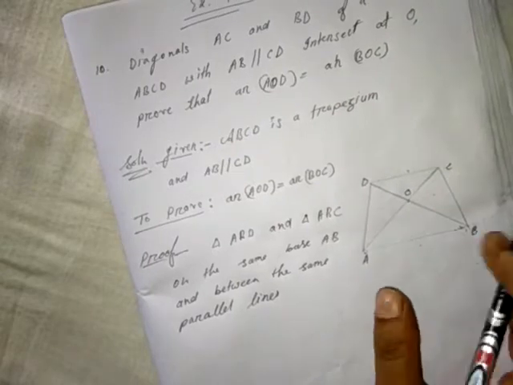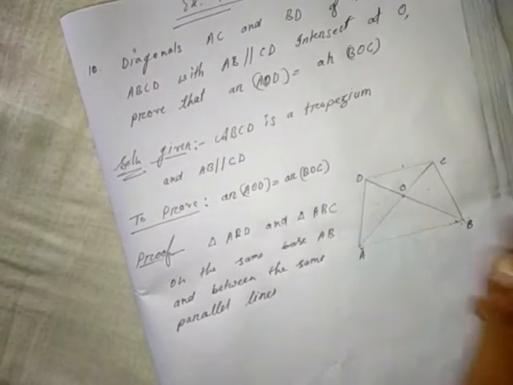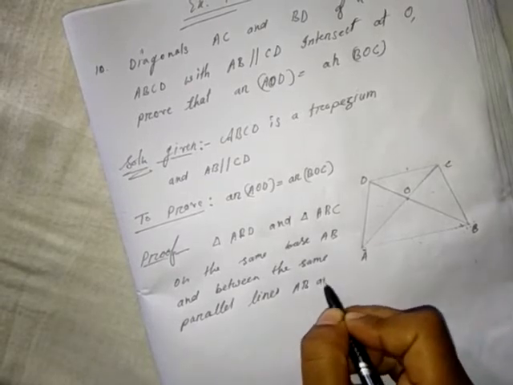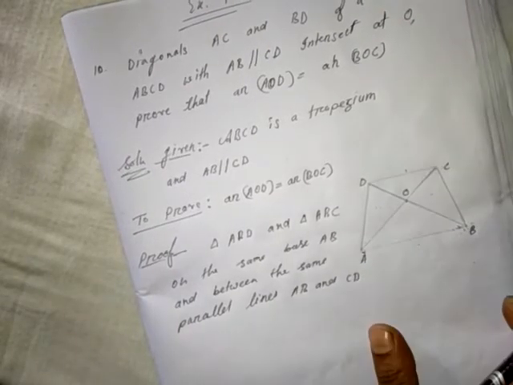Which two are parallel lines? You can see AB and CD are the two parallel lines. You can mention here AB and CD, two parallel lines.